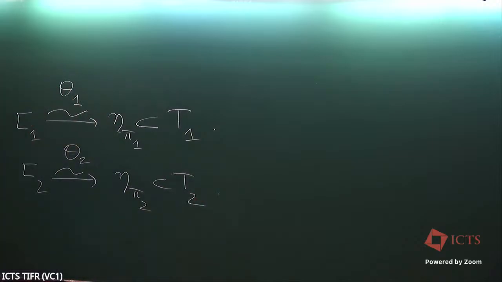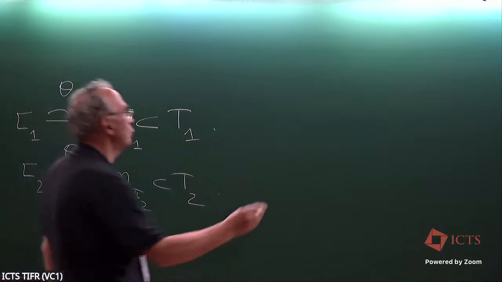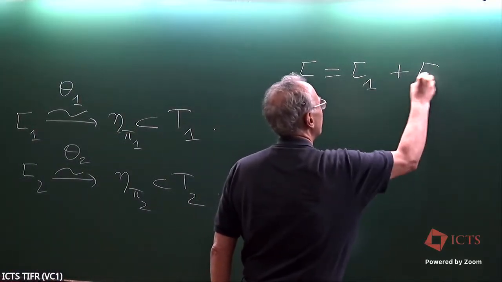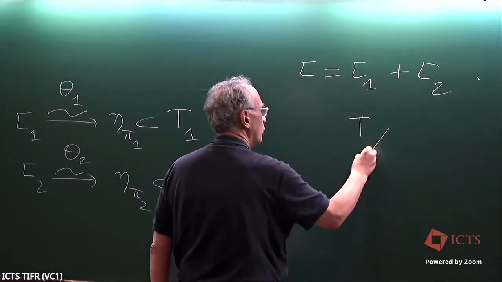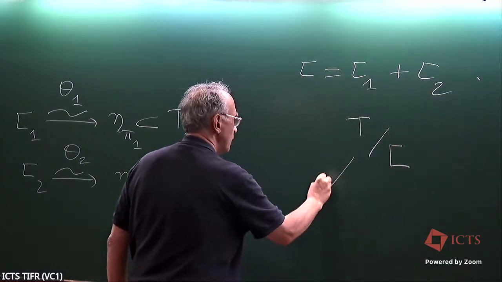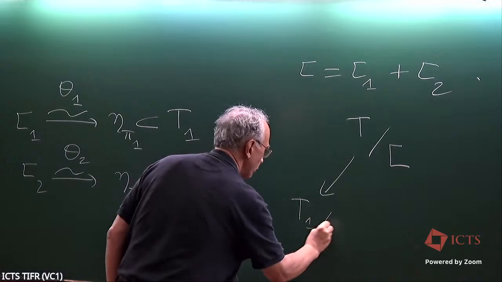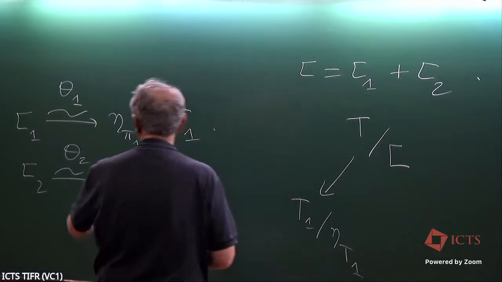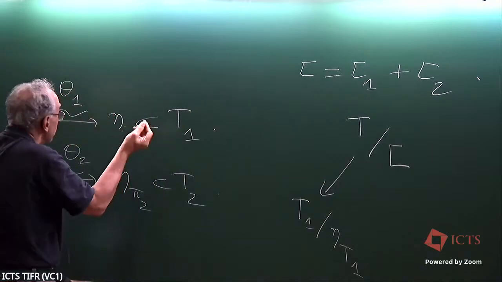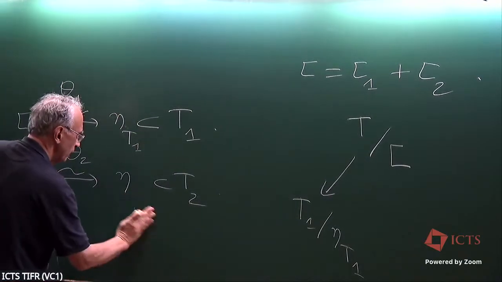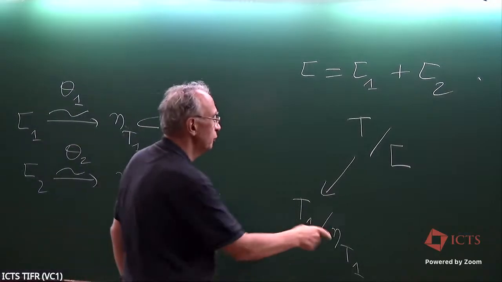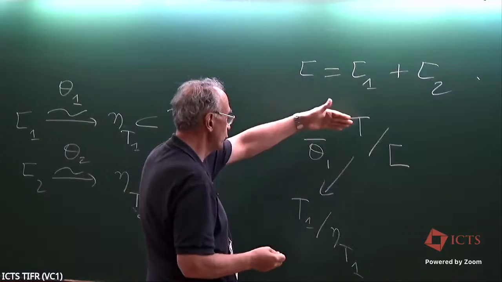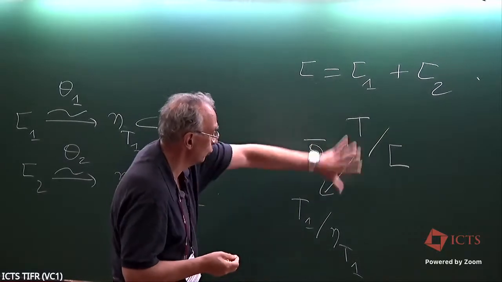And the lemma of Goursat tells you that if you consider the sum C of C1 and C2, then the quotient T over C is isomorphic to T1 over eta T1, or maybe, eta T1, eta T2. So this is the map theta 1 bar, modulo, this is theta 1 modulo what?